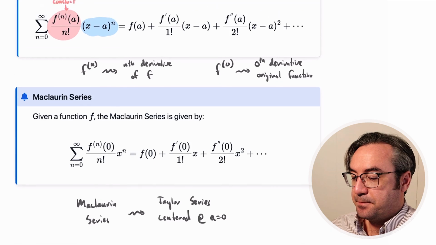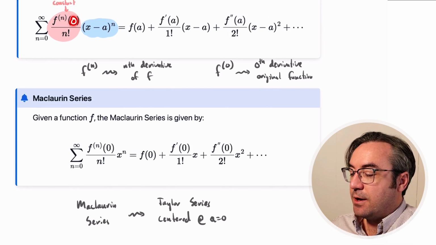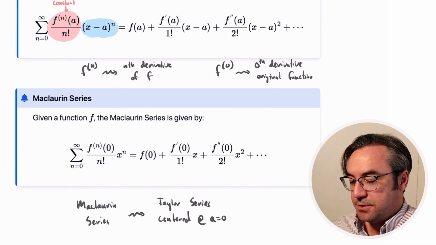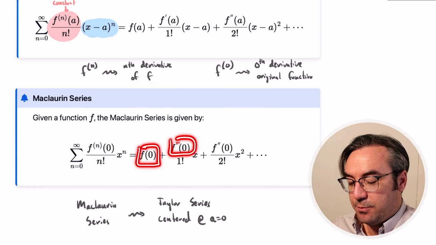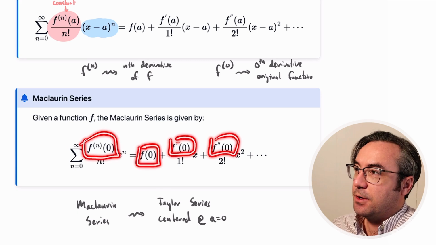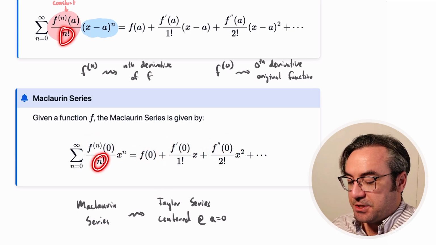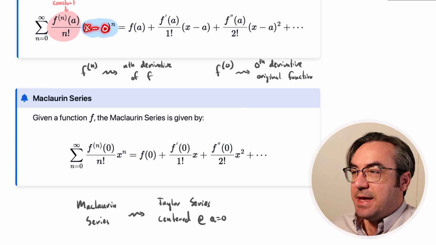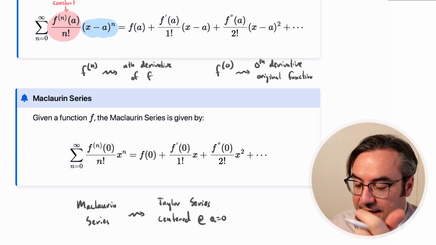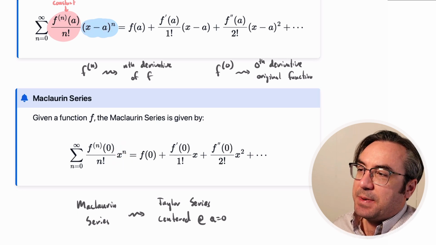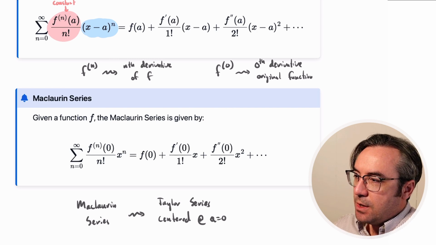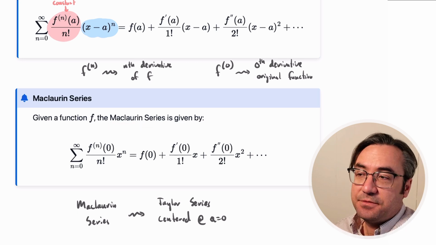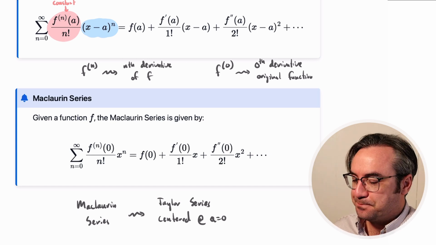So you can see we're evaluating all of our derivatives at 0. The n factorial part is still the same. And then rather than x minus a, it's going to be x minus 0, and that's just x. So we end up with just these nice powers of x. So Maclaurin series is really just a special case of the Taylor series, where we're focusing in on a equals 0.